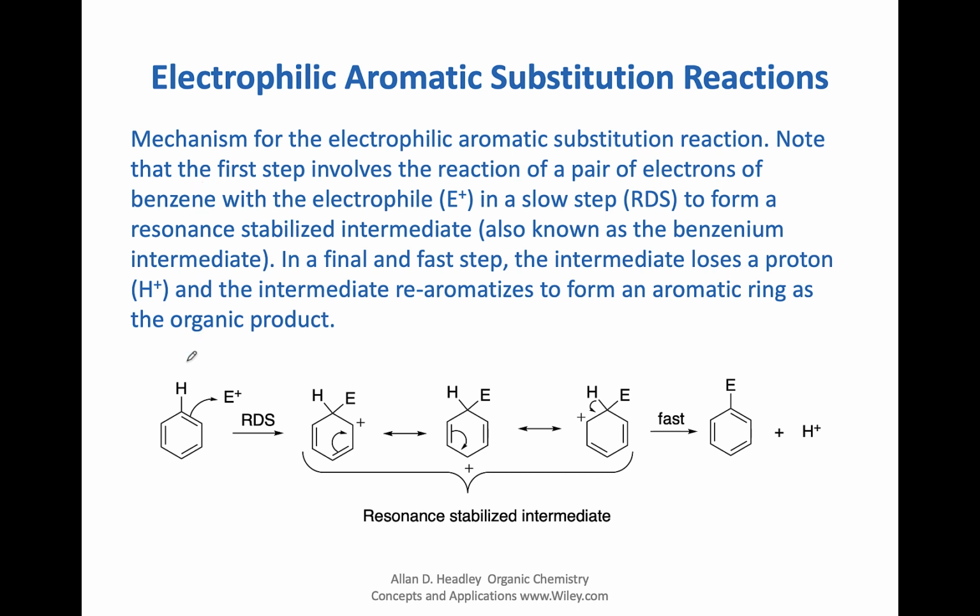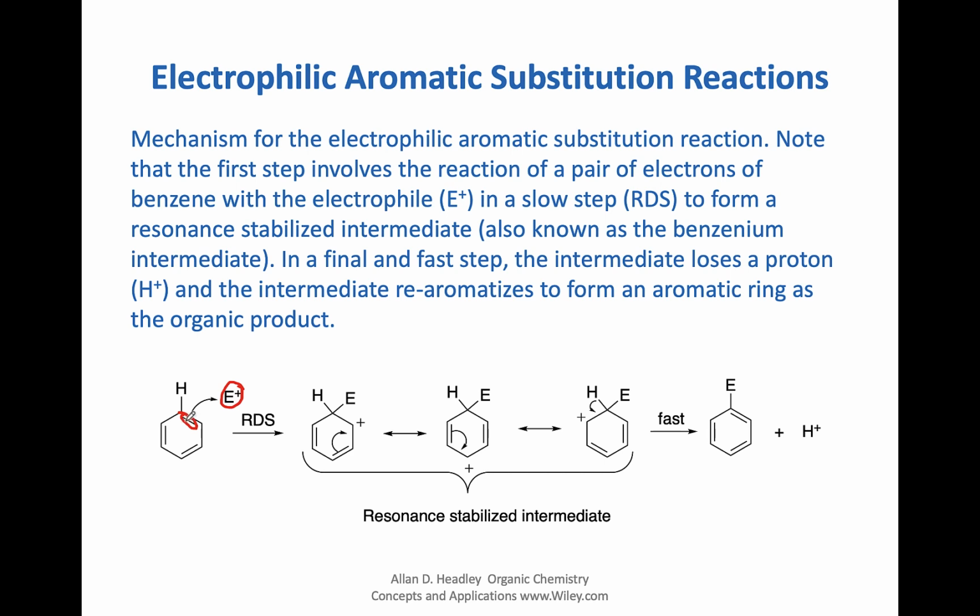The mechanism here involves a pair of electrons. Notice here's a pair of electrons, 2 electrons, can in fact swing out or react with the electrophile. So the electrophile here is positive. It needs electrons. The benzene ring here is nucleophilic. It has 6 electrons.